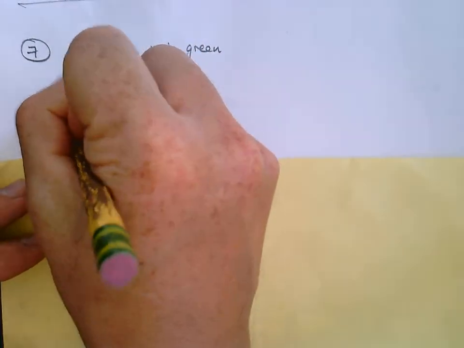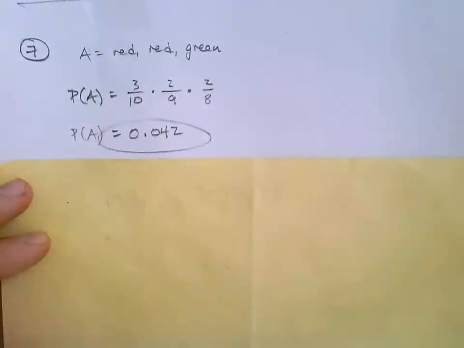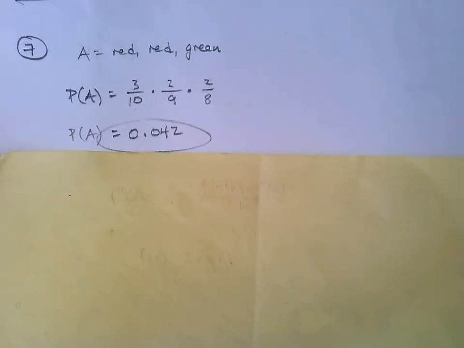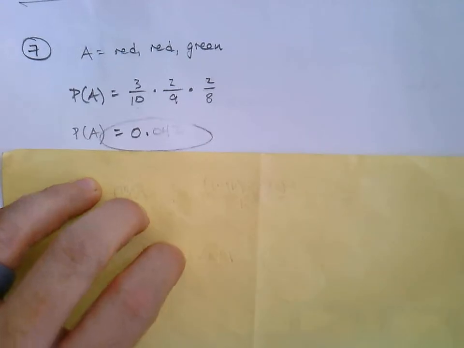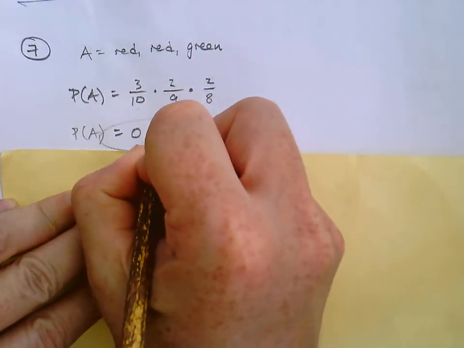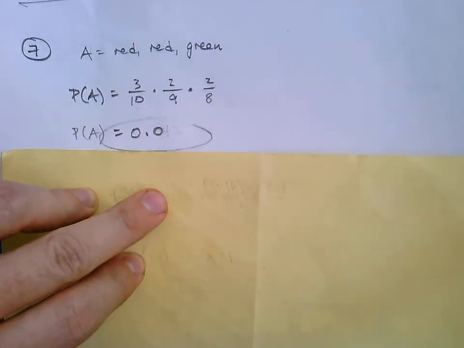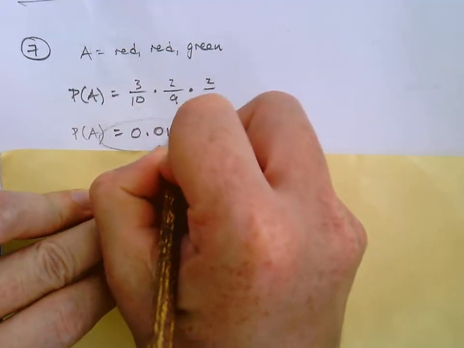Let's see how it works. 3 out of 10 times 2 out of 9 times 2 out of 8. Oh yeah, this answer has changed. My mistake. 0.017.